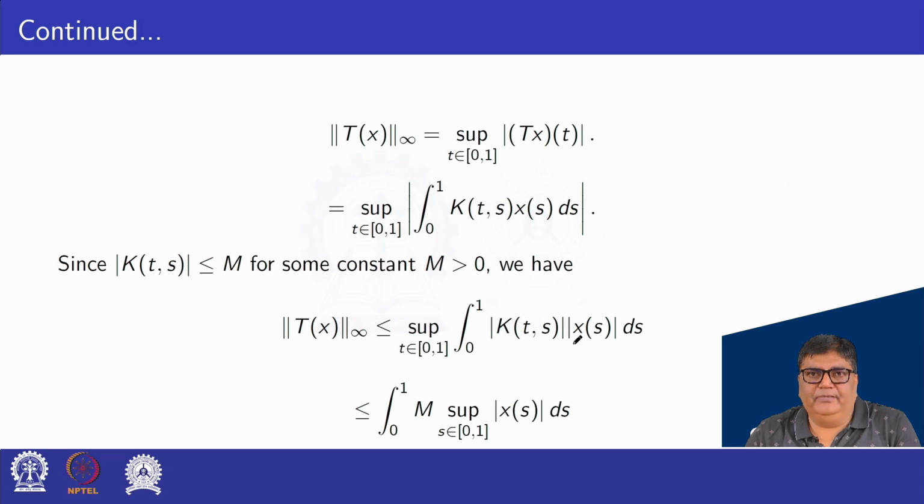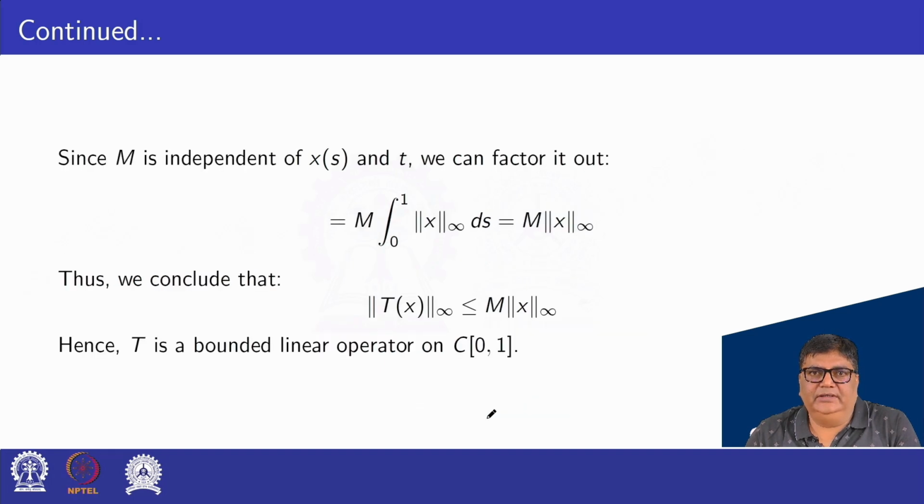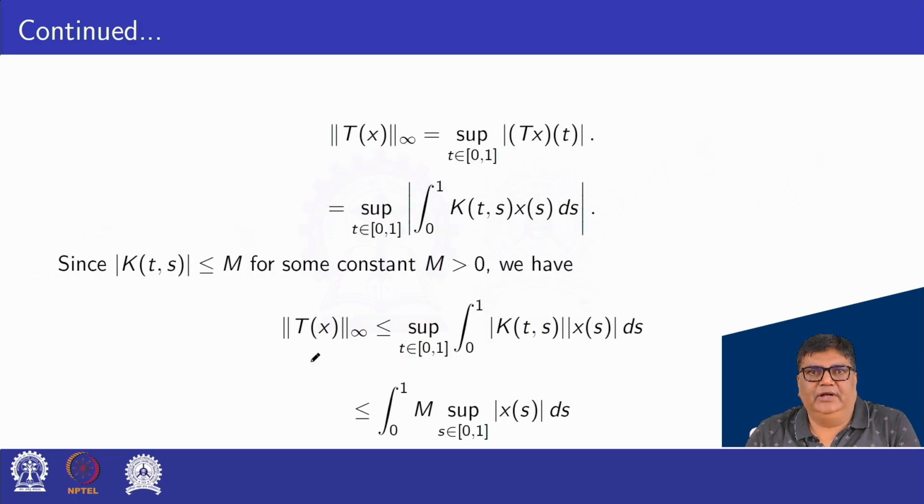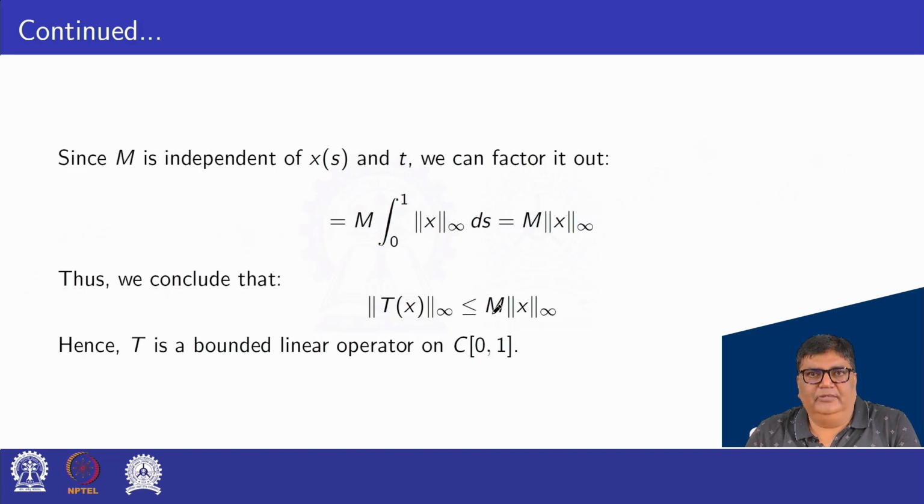Taking the supremum value with s belonging to [0,1], that is norm x infinity ds. So this is scalar, so we can write the integral from 0 to 1 of ds, that is 1. So we have M norm x. So we conclude that norm Tx is less than or equal to M norm x. Hence T is a bounded linear operator on C[0,1].